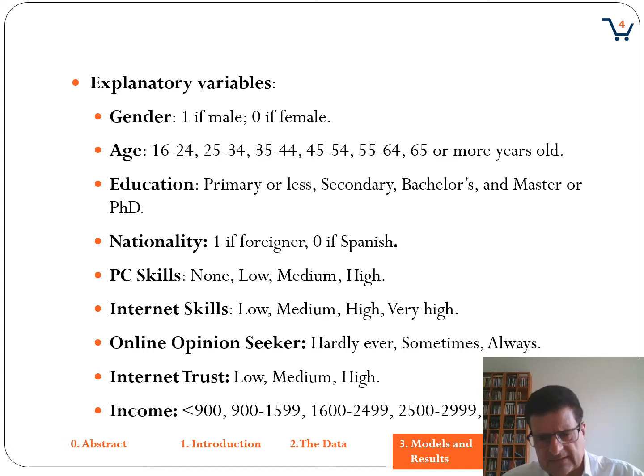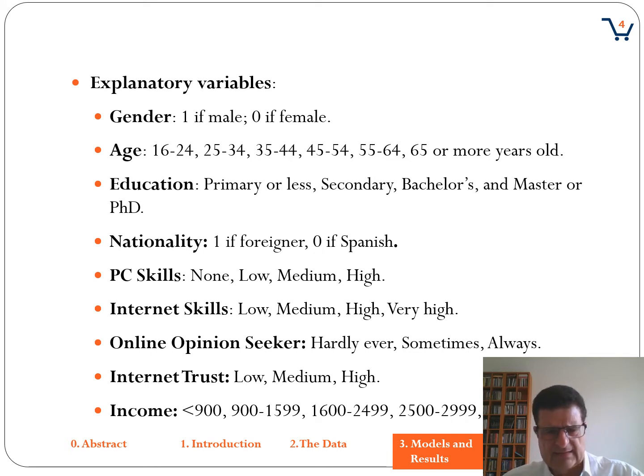And this is divided in categories: low, medium, high, and very high. The online opinion seeker is important in this particular case because looking for opinions makes you trust a particular vendor more if it has good opinions.